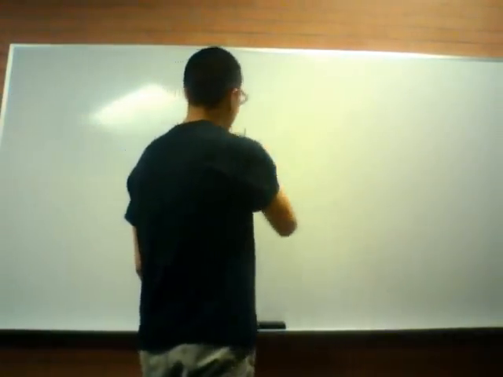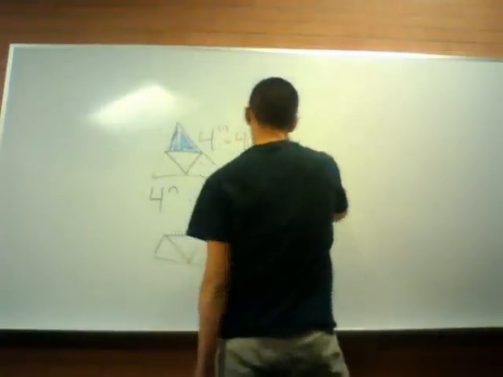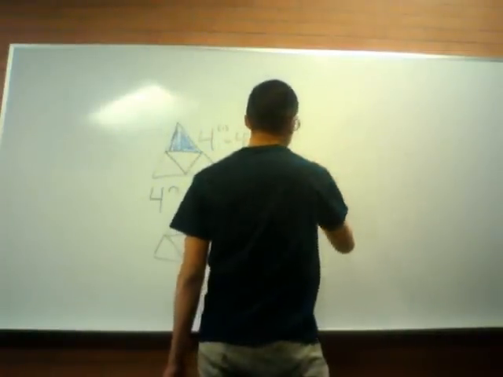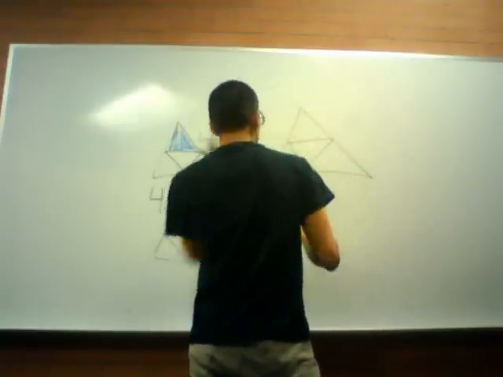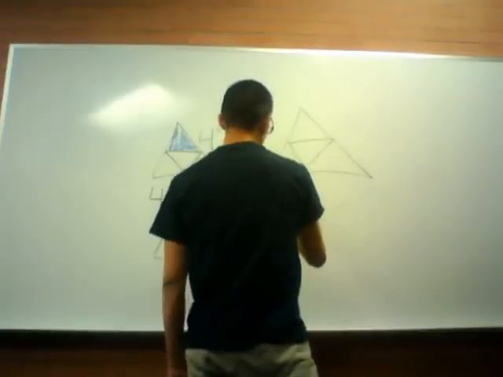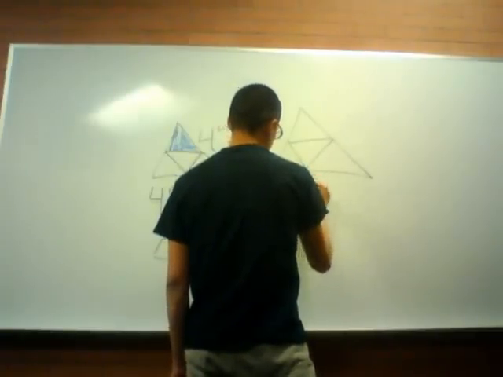So here we have 4 to the first power. So 4 to the n plus 1 here looks like 4 to the second power. So I'll go ahead and draw that. I have 4 to the second power, which is equal to 16.